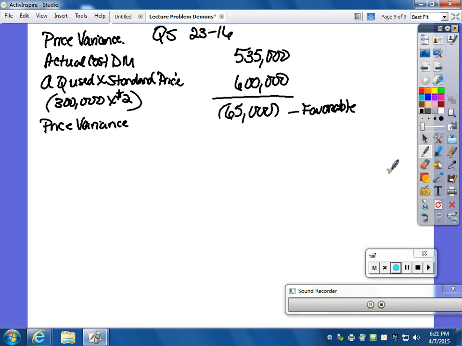All right, what about the second part? Now we're doing quantity variance. When you do quantity variance, what is the first thing that you need to address? Actual quantity used times standard price, which we already know is how much? 600,000.